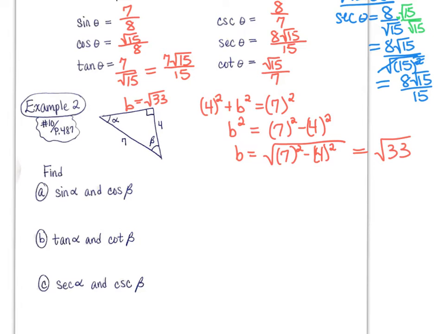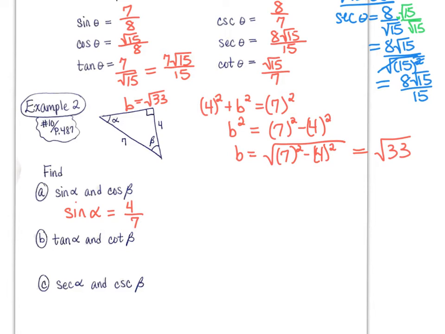Now, sine of alpha. Sine of alpha is opposite over what? It's opposite over hypotenuse. So we get sine of alpha is what? 4 over 7. Good.